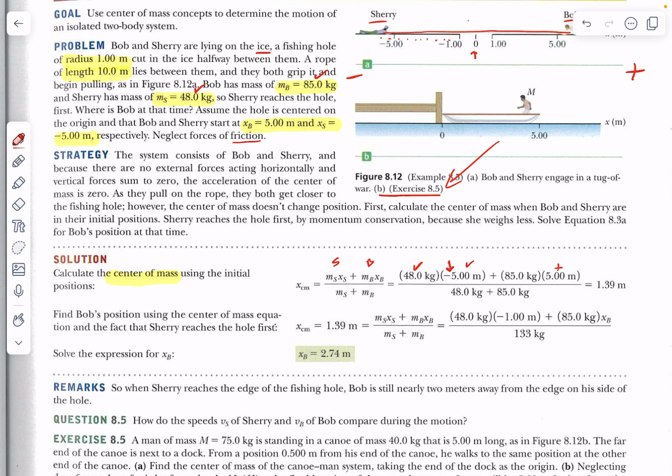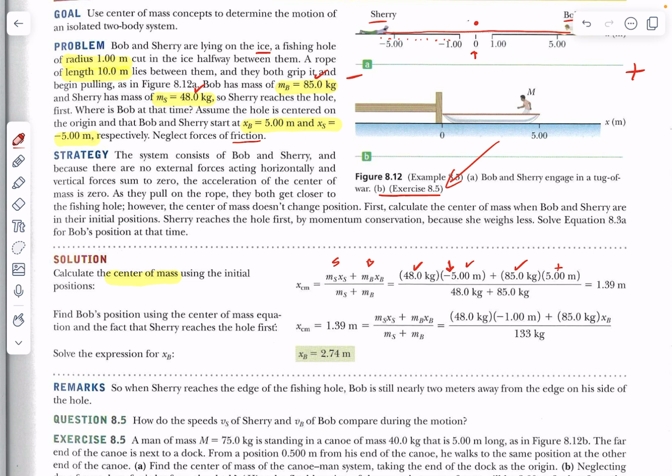And then when we think about Bob, this is Bob's mass, and he's 5 meters on the other side. And we are taking this as my origin, my 0 point on my number line. And now it's just a matter of plugging our numbers in, making sure that we pay attention to that negative sign.